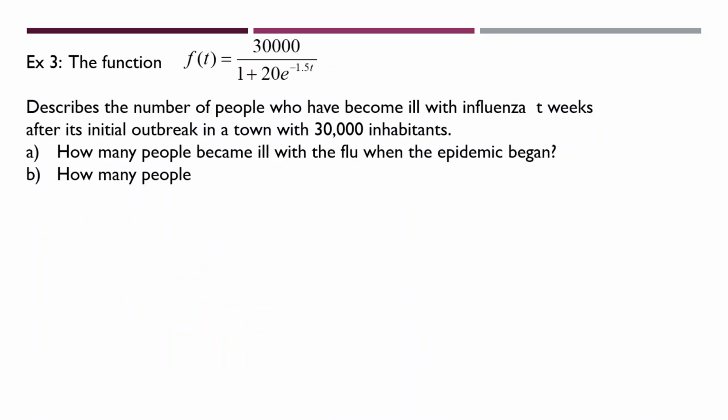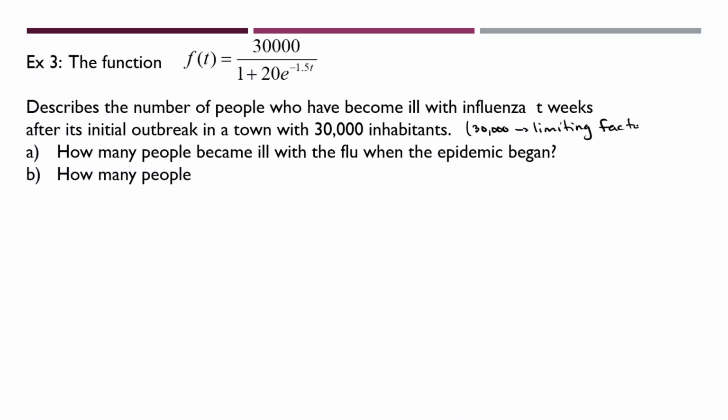Well, here's a function that describes the number of people who have become ill with influenza t weeks after its initial outbreak in a town. Now, there's only 30,000 inhabitants in the town. So that means that 30,000 is a limiting factor.